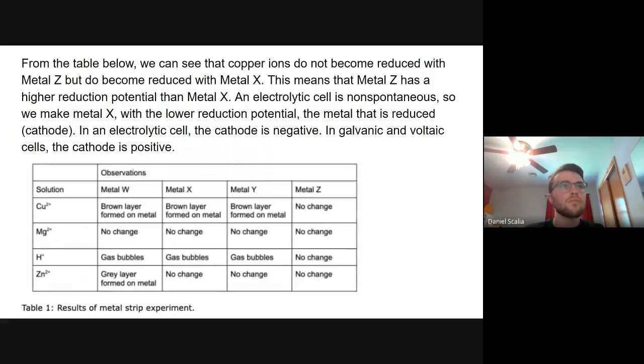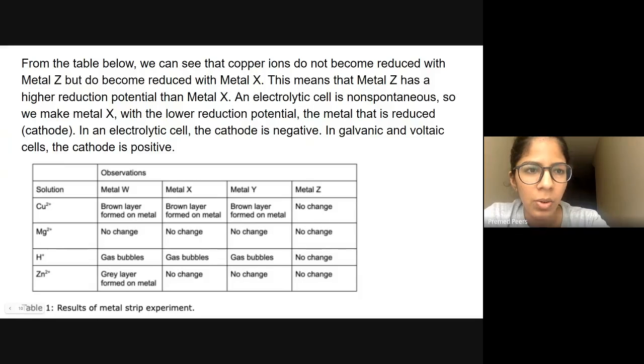Yeah, sure. Okay, thank you. What we need to do is figure out which of the metals is going to be your cathode and become reduced, and which is going to be your anode and become oxidized.